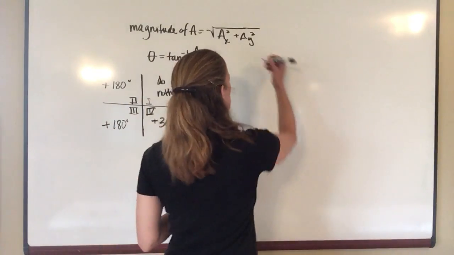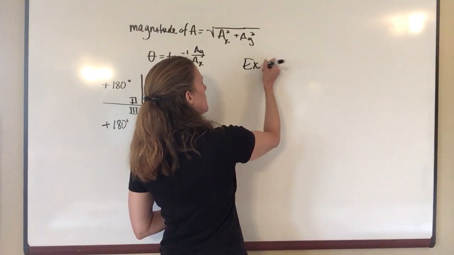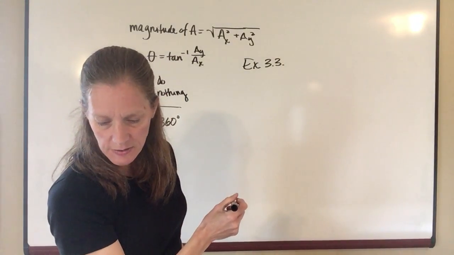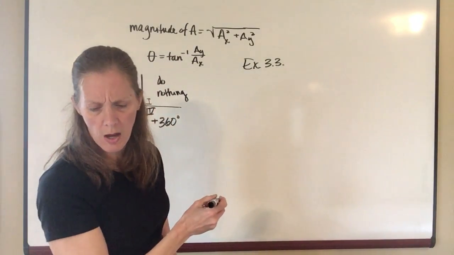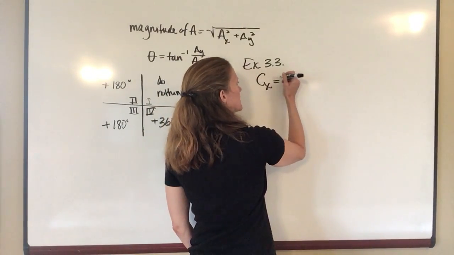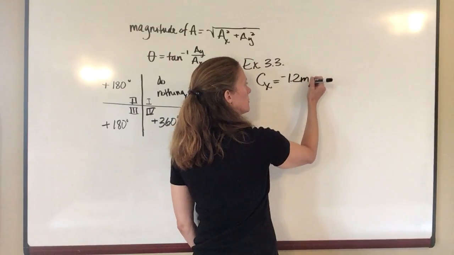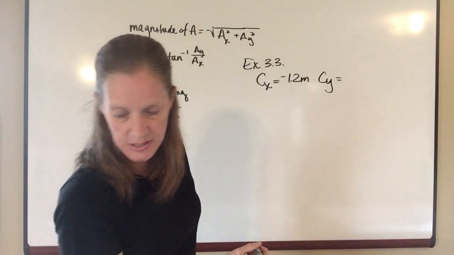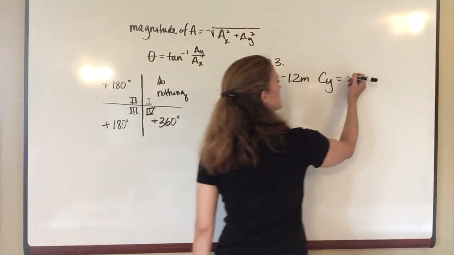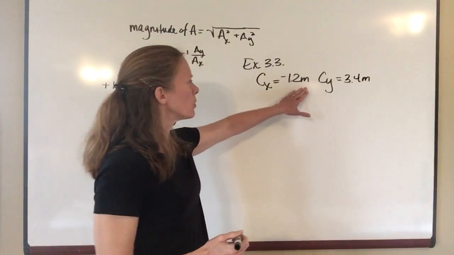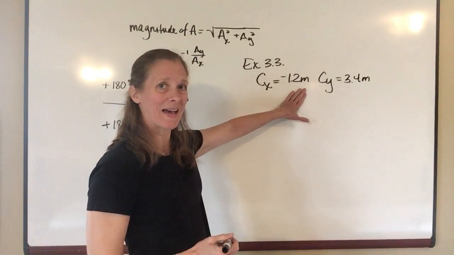The problem that they give you in example 3.3 says that the x component of vector C is negative 1.2 meters, and the y component of vector C is 3.4 meters. Okay? So if you look at this, which quadrant is that in?